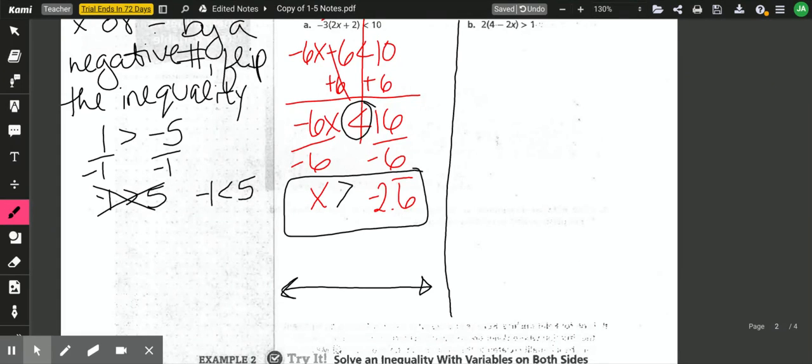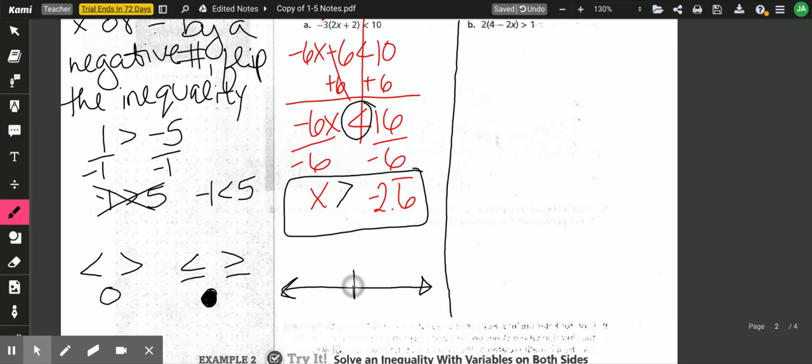It involves a circle and an arrow. Okay. The circle, there's two types. If we use these two symbols, we're going to have an open circle. If we use these two symbols with the equal to's underneath, we're going to have a filled in circle. Okay. My symbol doesn't have an equal to sign, so I'm going to have an open circle.